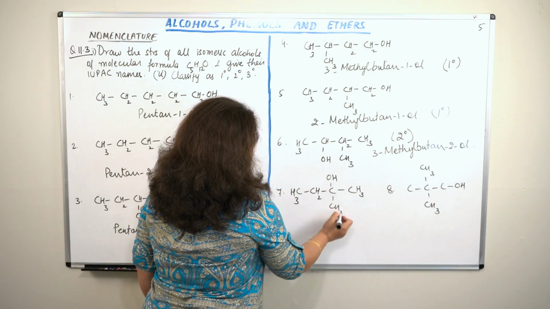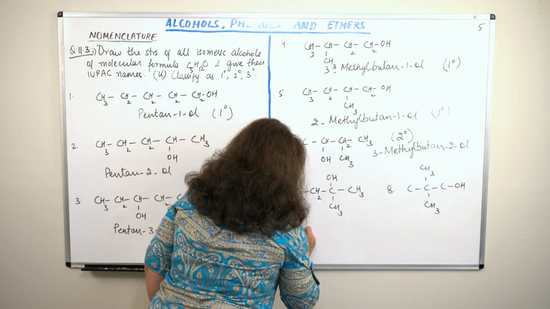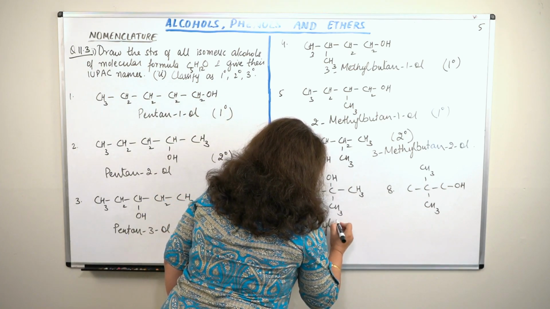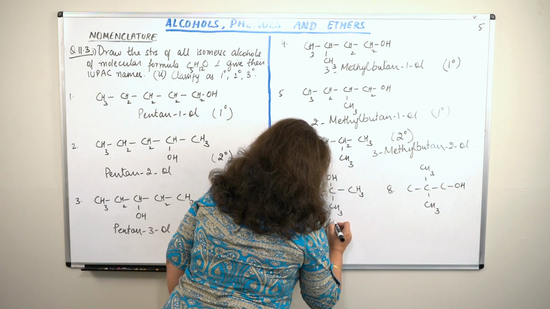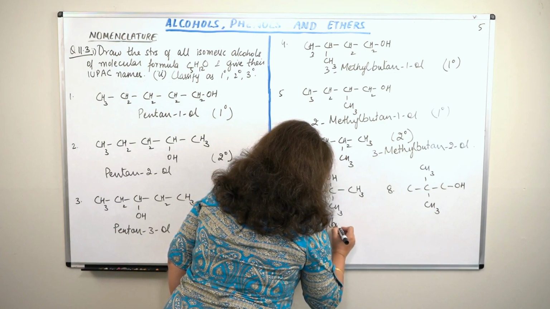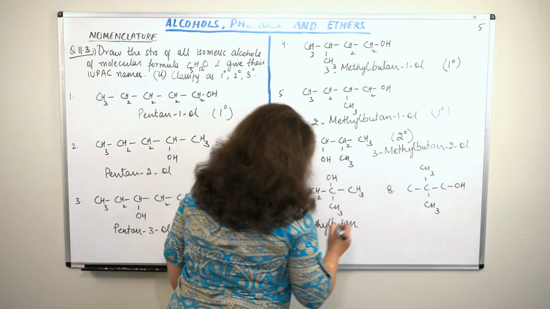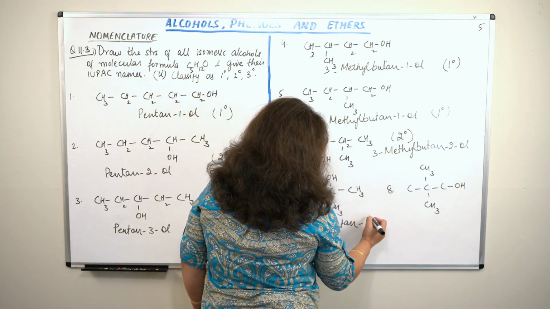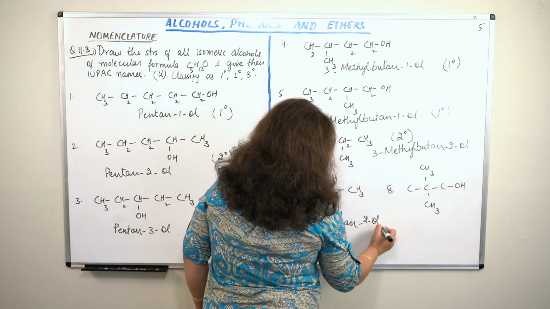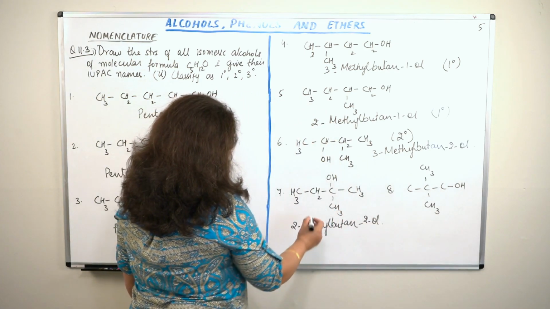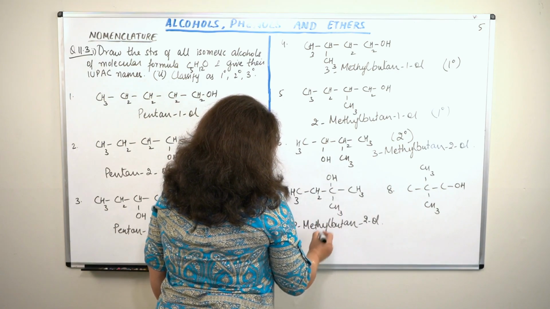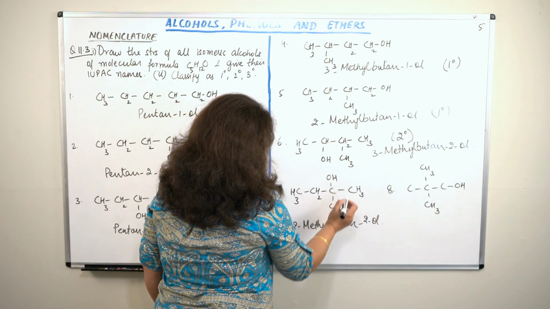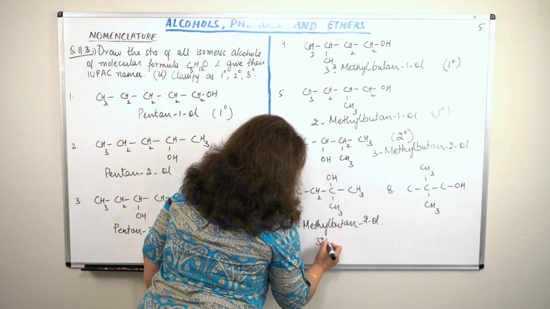It is 2-methylbutane, there's no hyphen, butane, now hyphen, 2-ol. Okay, 2-methylbutane-2-ol, and here this OH is attached to a carbon which is attached to 3 other carbons, therefore this is a tertiary alcohol.